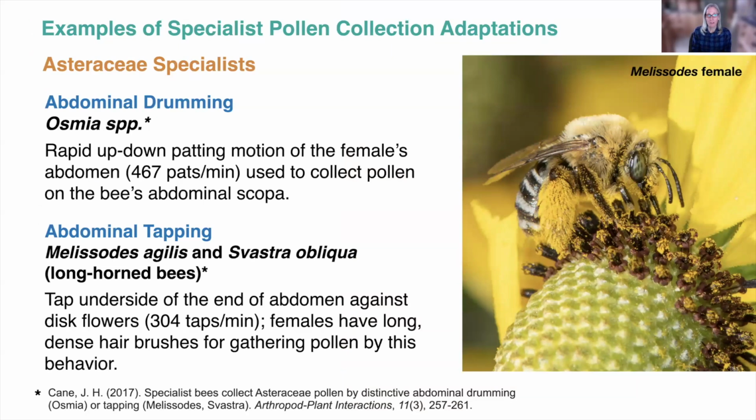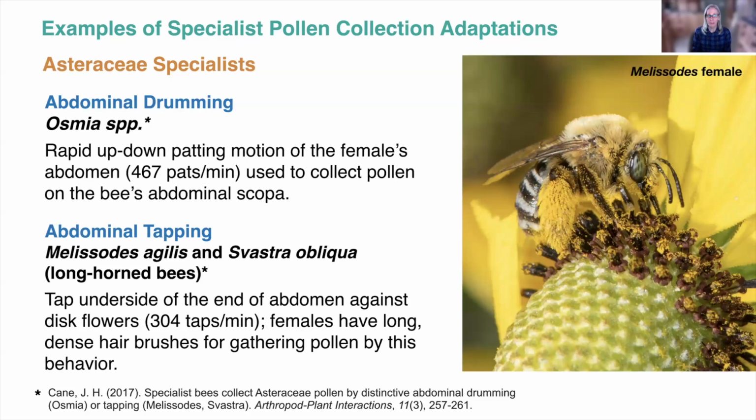So let's take a look at some kind of cool adaptations that some of these pollen specialists have. James Kane did a study in 2017, and he found some pretty interesting mechanisms in which females were collecting the host plant pollen. He found that some of the mason bees in the genus Osmia used a technique of rapidly patting their abdomen up and down on top of the host plant flower.